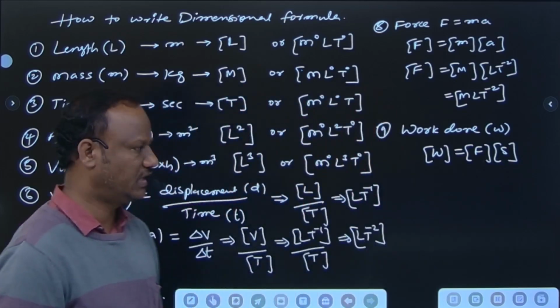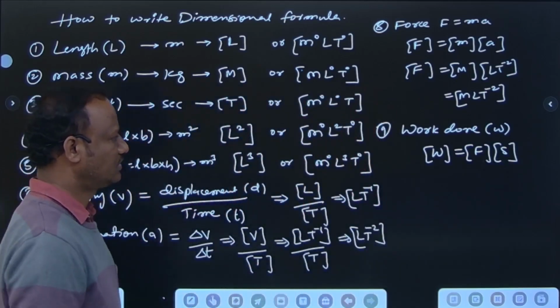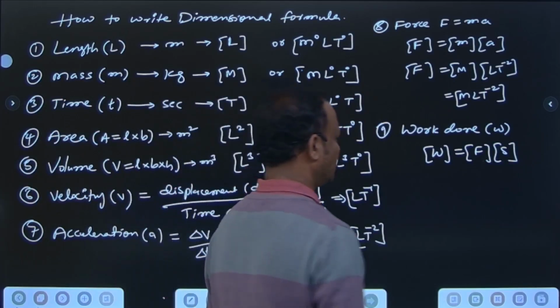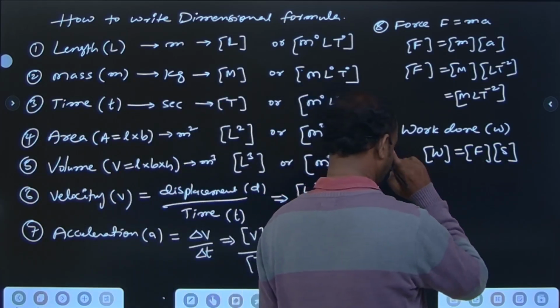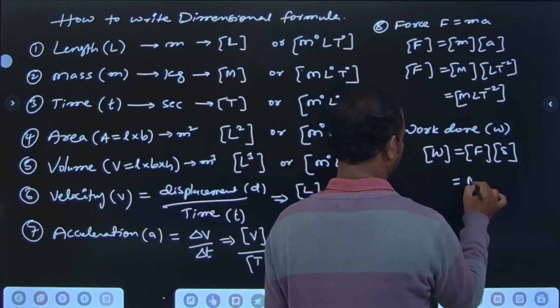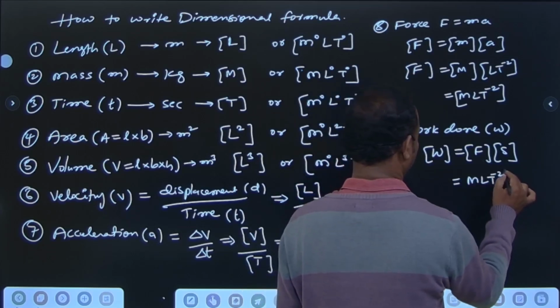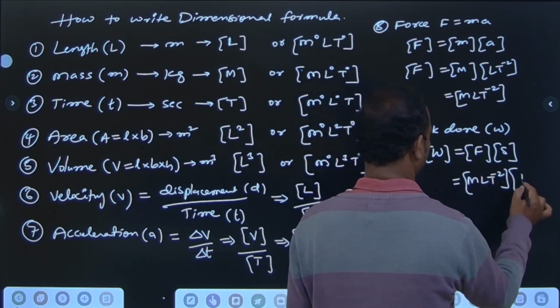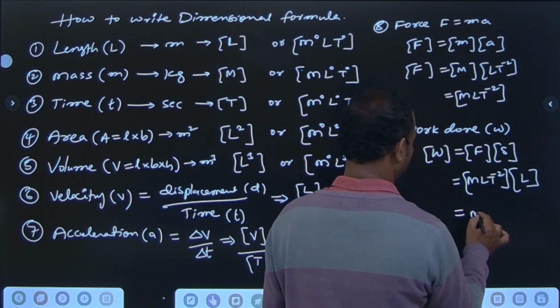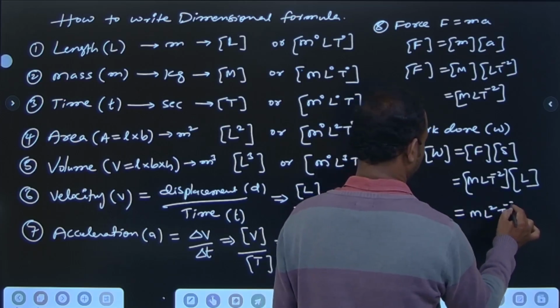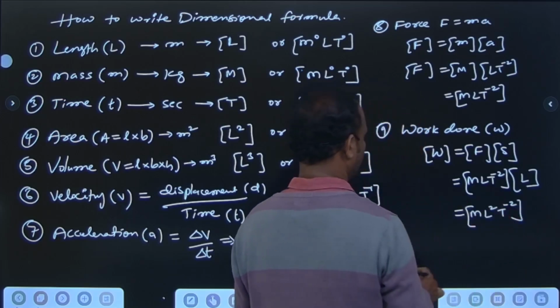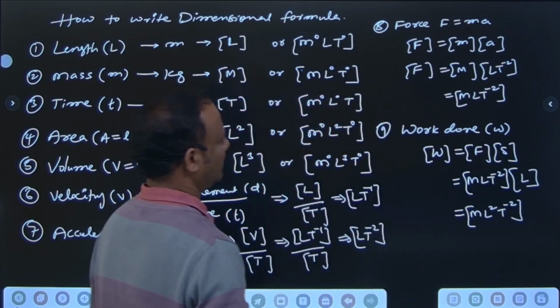Product of force and displacement. So this F is M L T power minus 2. Dimension formula of S is L. We can write this as M L square T minus 2. So this is the dimension formula of work done.